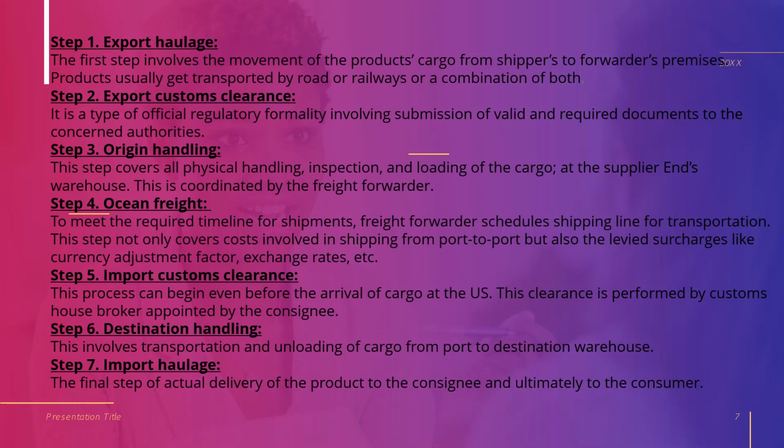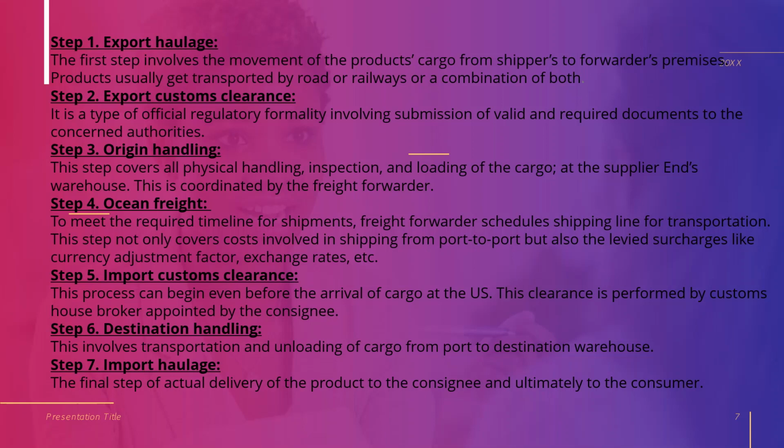Okay. Next step is ocean freight. In this step there will be a freight forwarder and a shipping line. A freight forwarder and a shipping line are not the same. Freight forwarder means the logistics provider only, for road, ship or air transportation. And a shipping line is a shipping company.